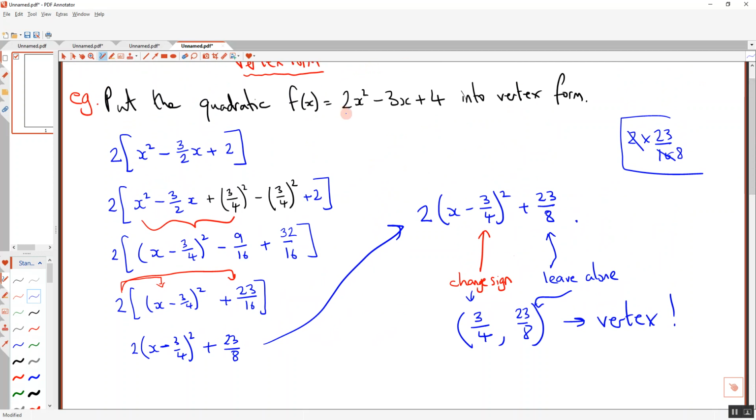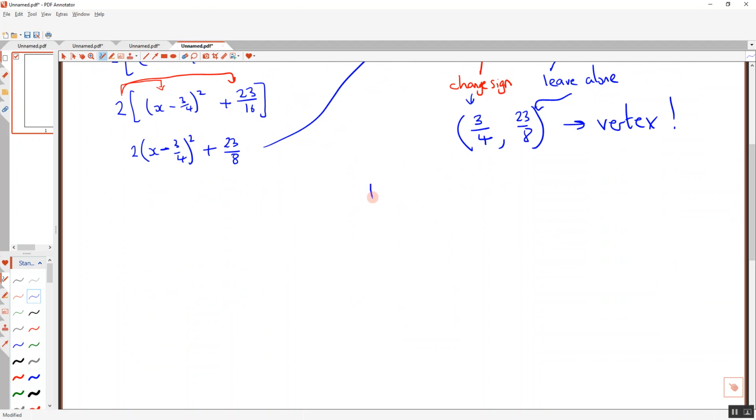Both don't have to be positive as long as the number in front of the x squared is positive. Okay, so this is a smiley face, and this is telling us that the vertex down here is 3/4 and 23 over 8. Okay, so putting it in vertex form is very, very useful.